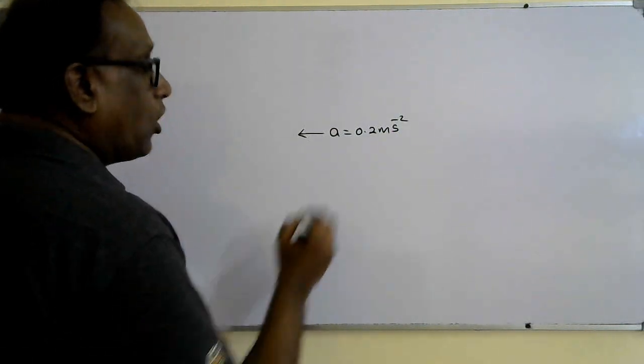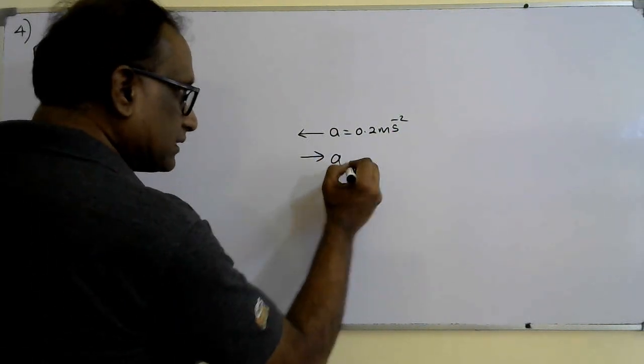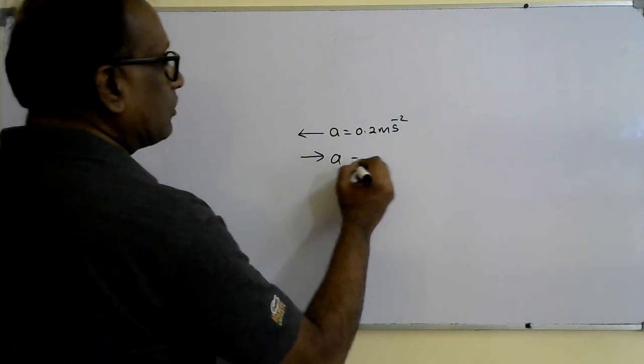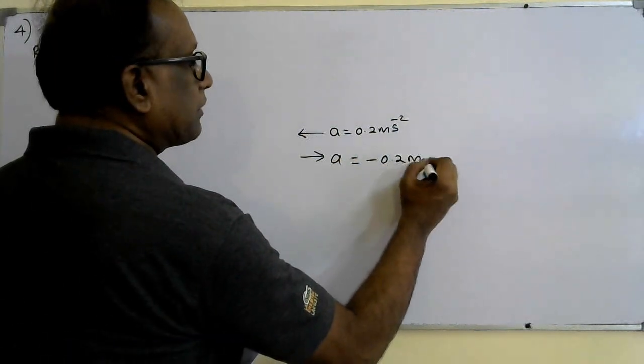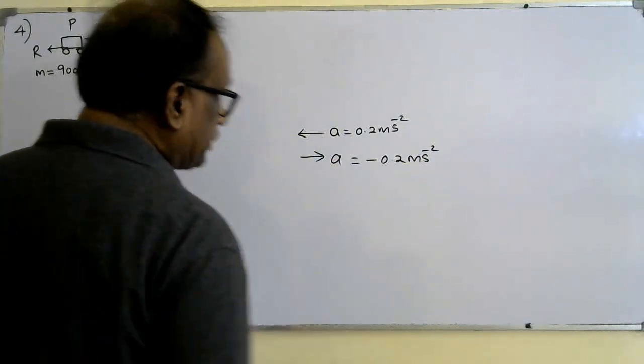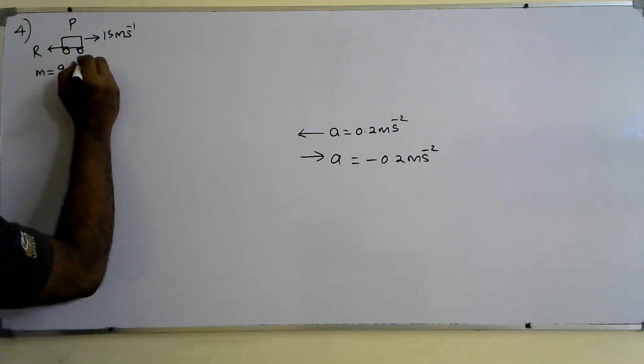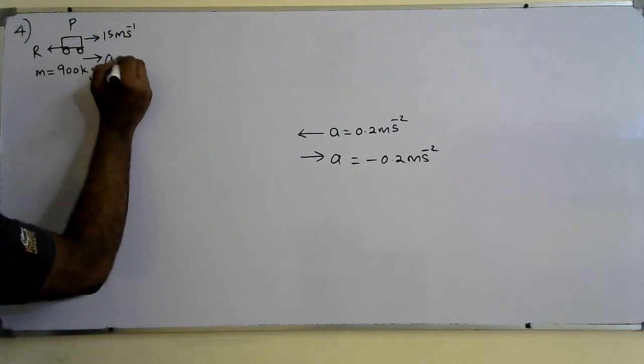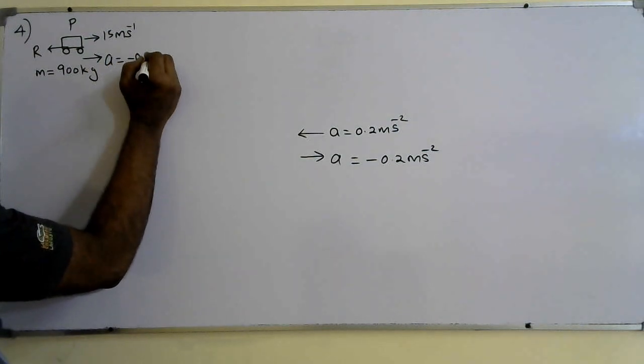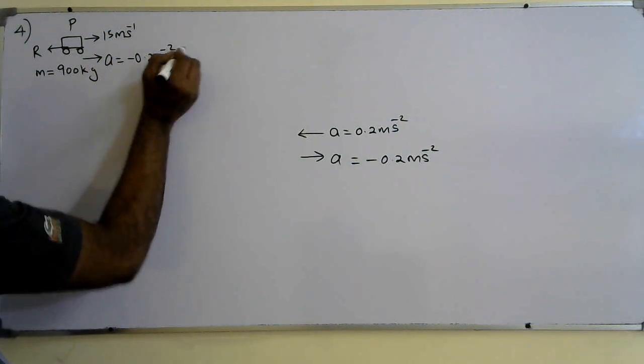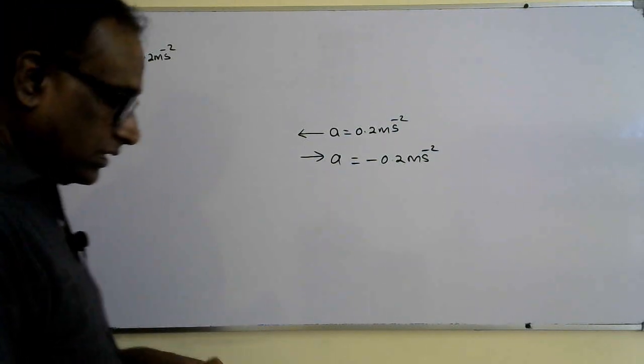Or I can show it towards right, the same direction as the velocity, equal to minus 0.2 meter per second square. Either way I can put it on the diagram. So that's the meaning of deceleration.